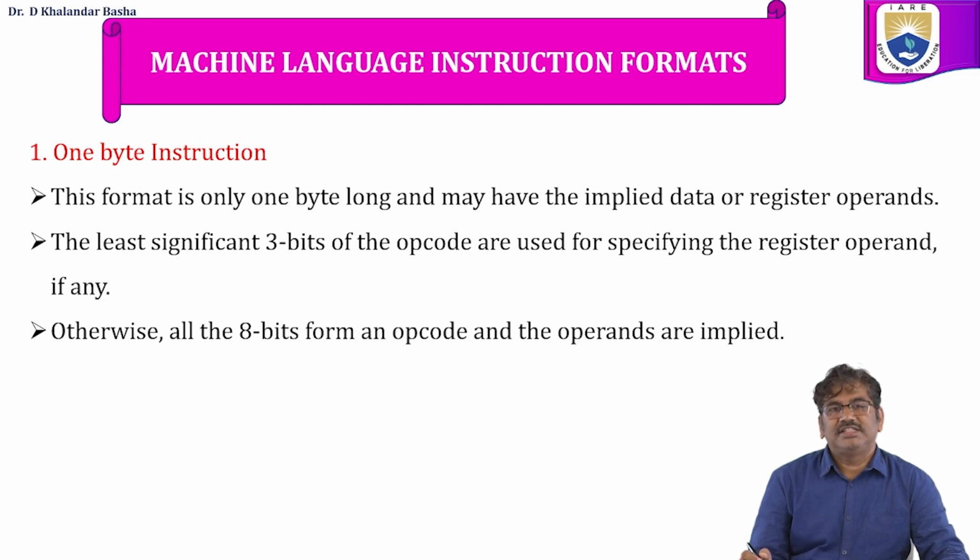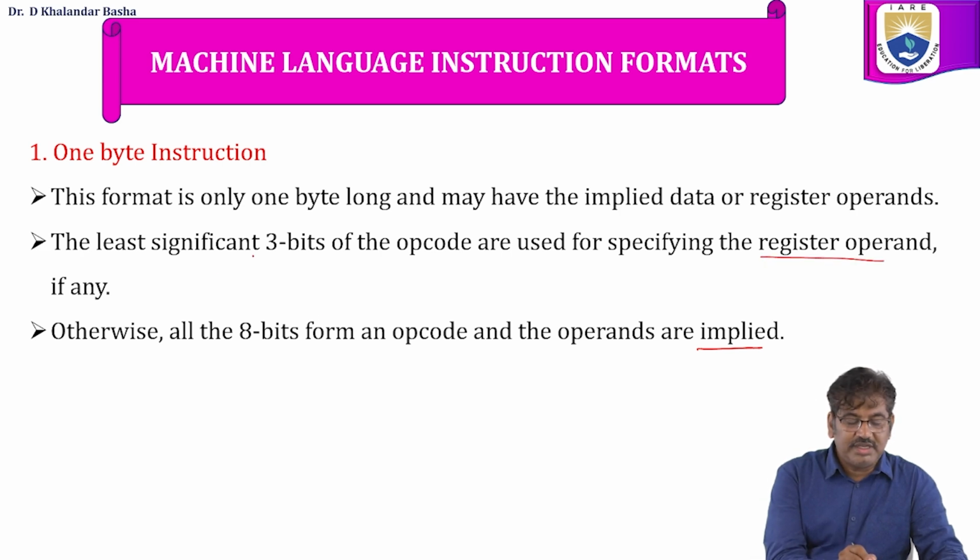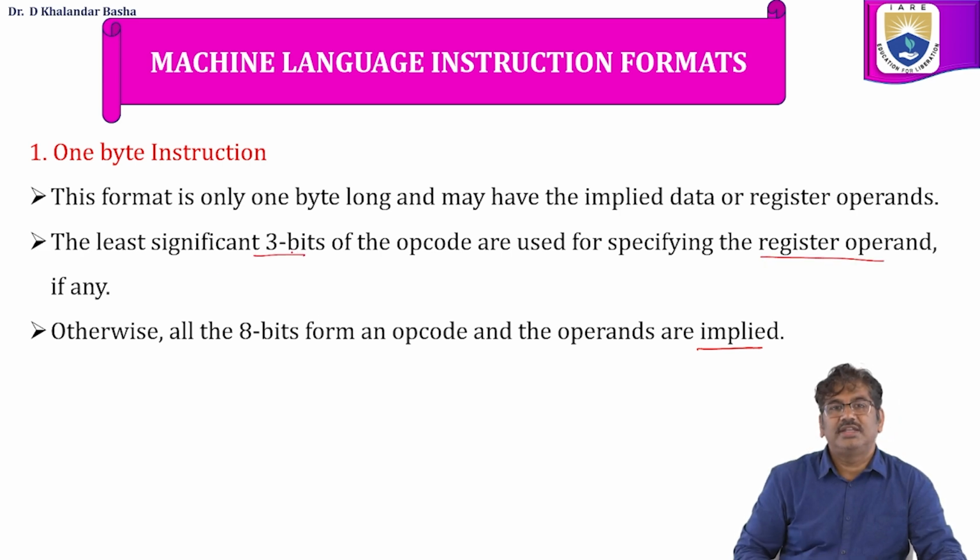The least significant 3 bits of the opcode are used to specify the register operand if you have any registers. Otherwise, all the 8 bits of the opcode and operands are implied. If it is implied, there is no need to explicitly specify the register code. If any register needs to be specified, we specify it in the least significant 3 bits.